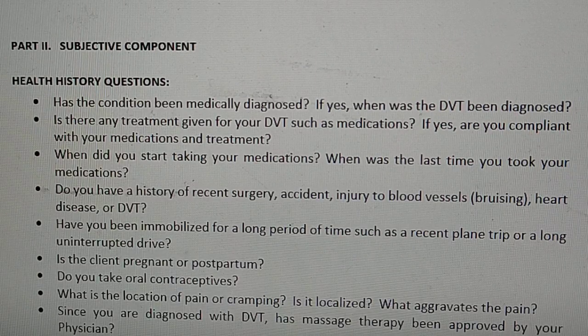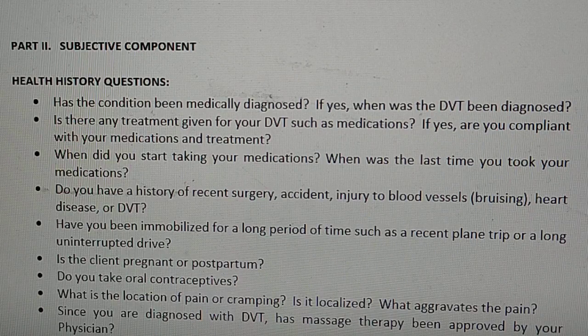So let's move on to part 2, which is our subjective component. So here we're gonna ask health history questions. So here are some of the health history questions that you could ask your client in determining if the client has possible deep vein thrombosis problem or thrombophlebitis or varicose veins.